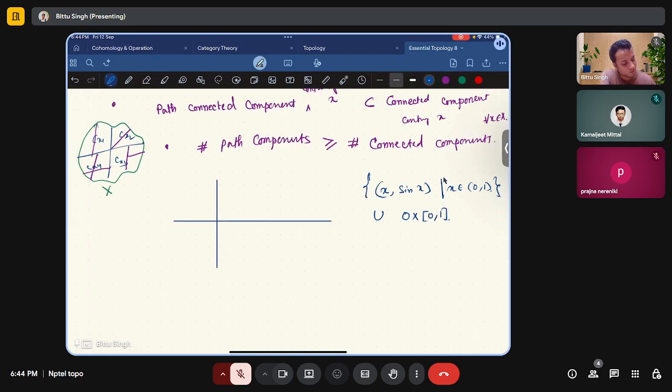It will look something like this: it oscillates, starting for example at one half, then one third, one fourth, something like this.